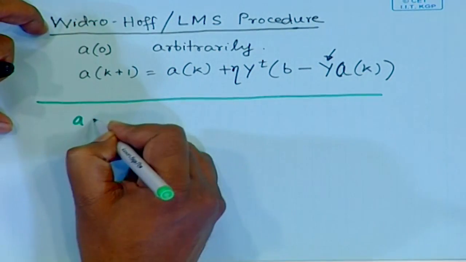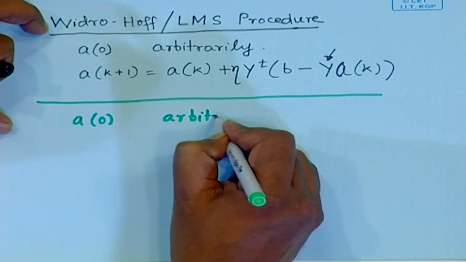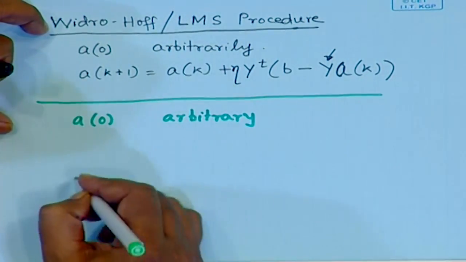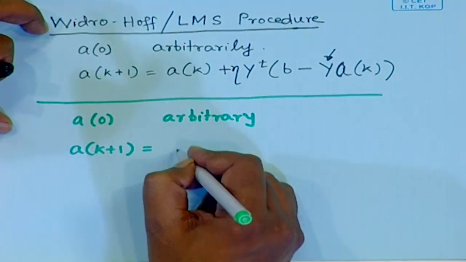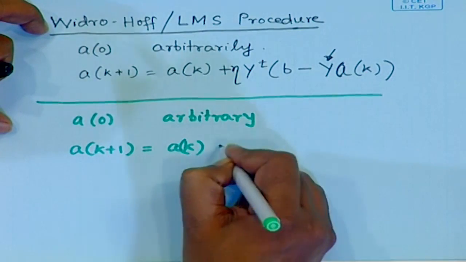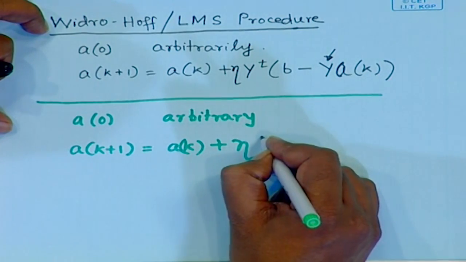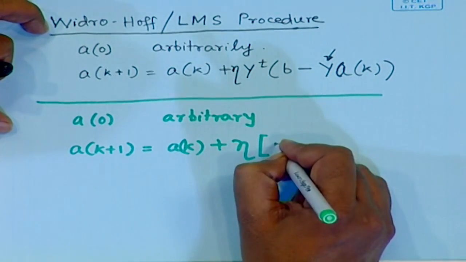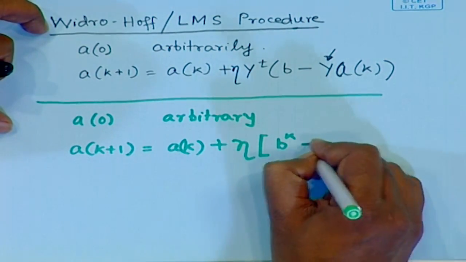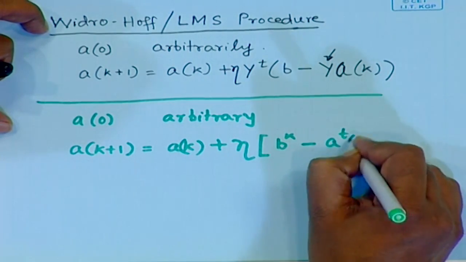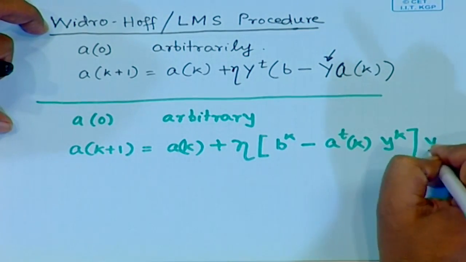That is, we assume this a0 to be arbitrary, and a k plus 1 will be given by a k plus eta times (b k minus a transpose k y k) times y k.